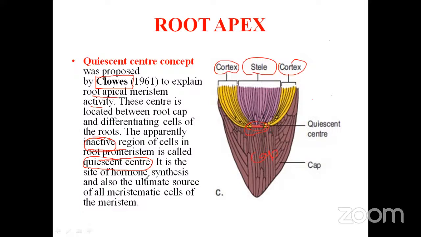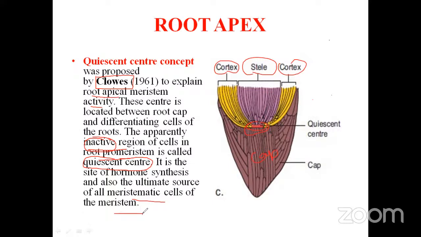It is the site of hormone synthesis and also the ultimate source of all the meristematic cells of the meristem. It was discovered by Clowes while making autoradiography studies of DNA synthesis in the root apex.